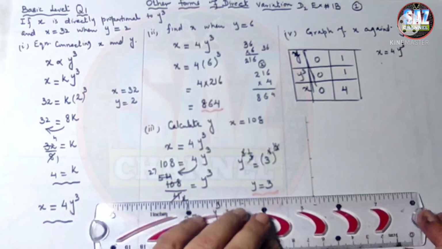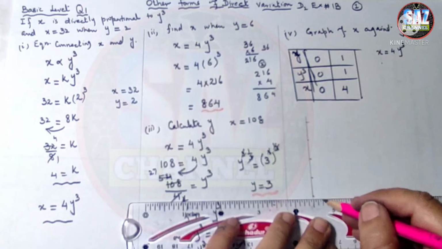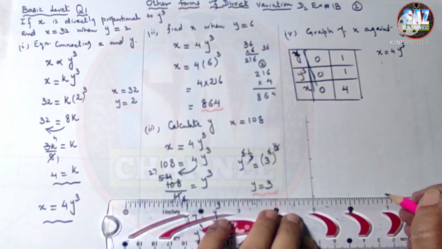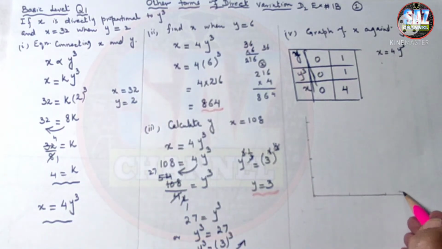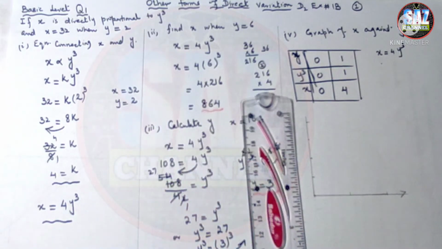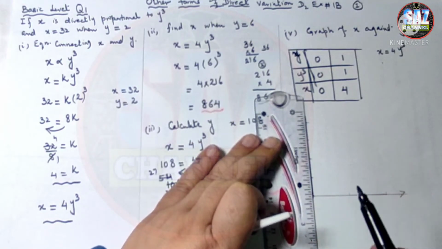And over here we can take a 1 inch gap, 1 and 2. Now let me draw the line with the help of a pen so that my students can see all this working clearly.